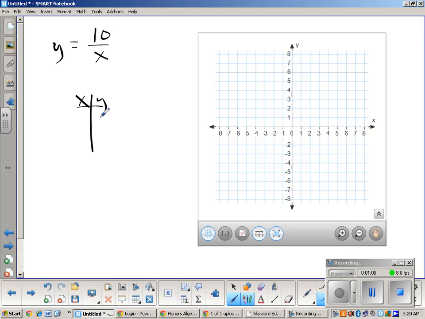So if we look at numbers like 2 and 3, if I put 2 in there, what's 10 over 2? 5. So x is 2, y is 5. If I put 3 in there, then 10 over 3 is, what's 10 over 3? 3 and a third about, okay?